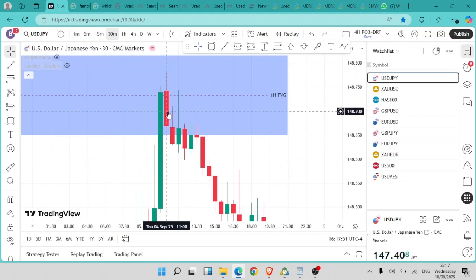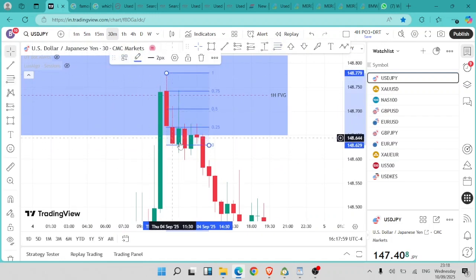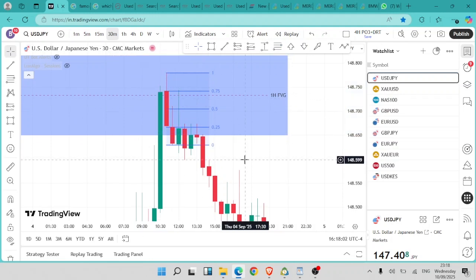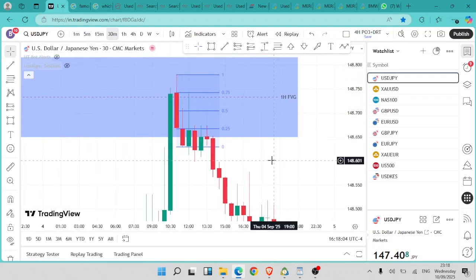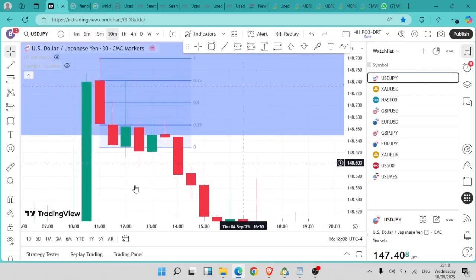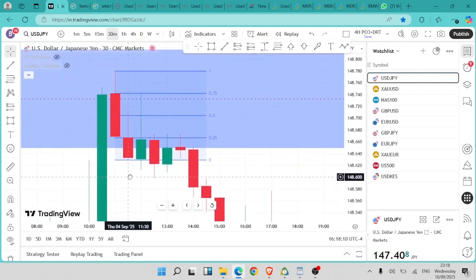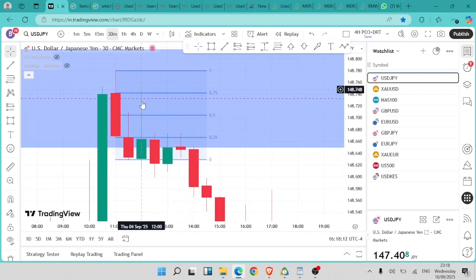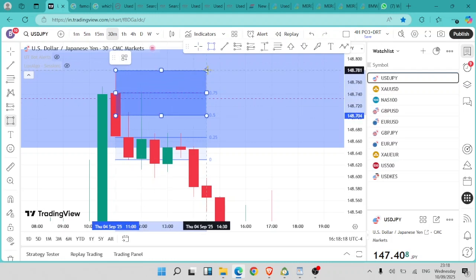Then the next 30 minutes, and we have these two candles, with this final candle closing outside of this fair value gap, which gives us another dealing range. And now at this point, it is just a replica of what is happening in the higher time frame. What you want to see is price trade into the premium of this dealing range.